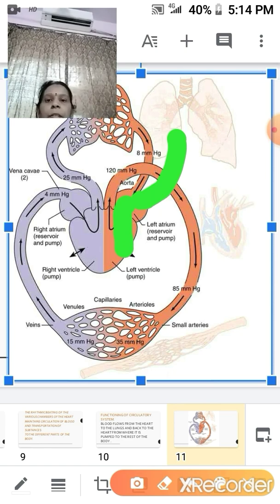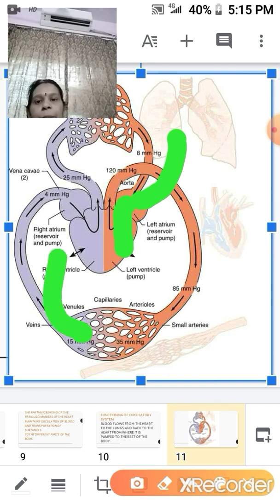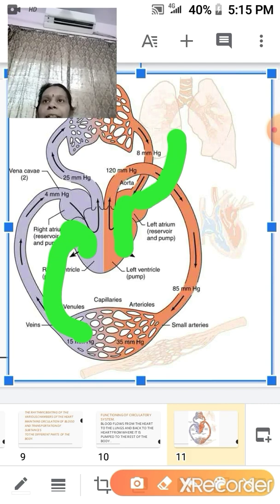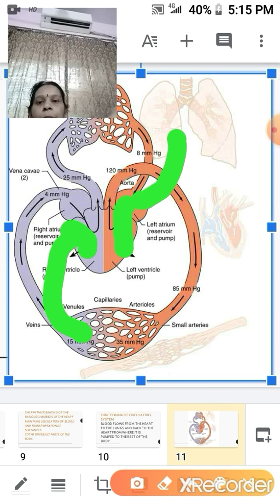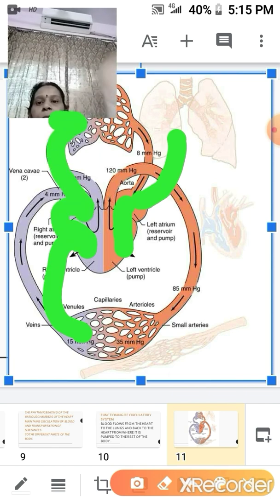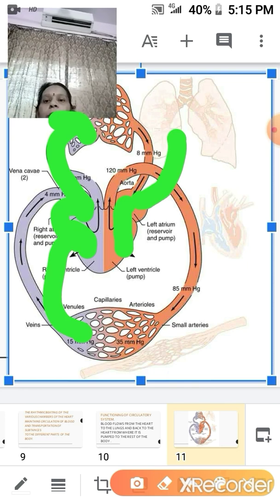The blood now takes in this carbon dioxide and returns to the right side of the heart, to the right atrium, and from here it is pumped to the lungs.